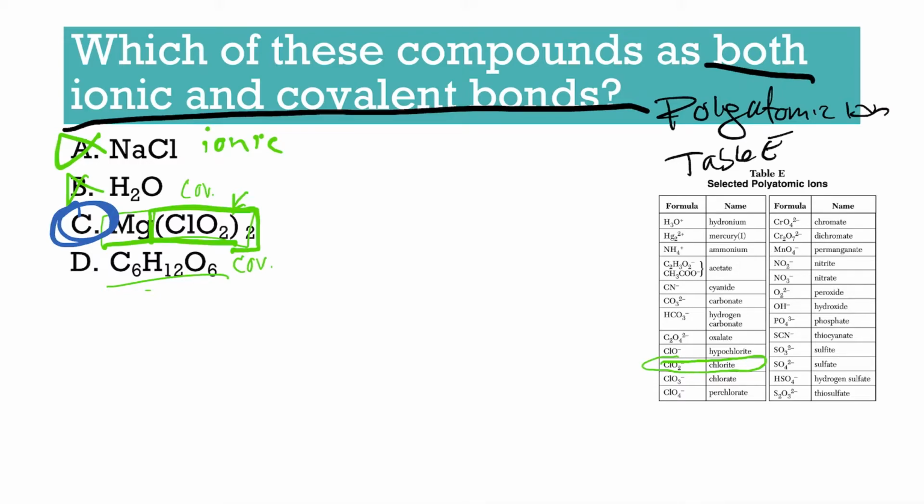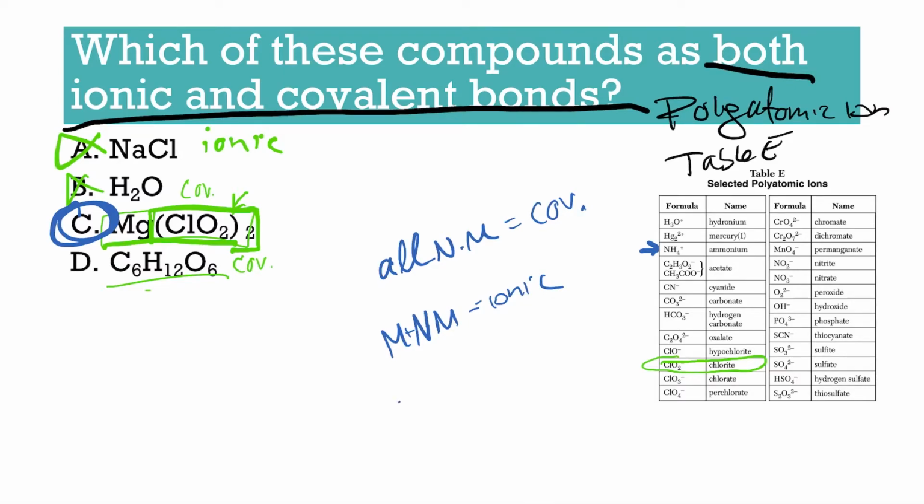So again, you want to see which one of those compounds has something on Table E. Another good way to look at it is if you have all nonmetals, most of the time, there is an exception if you are dealing with ammonium. But if you have all nonmetals, your good guess would be covalent. If you have a metal and a nonmetal, that is your ionic.